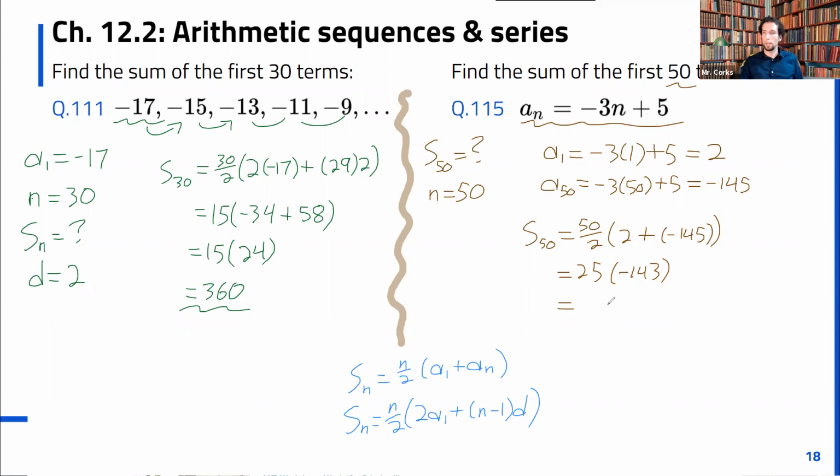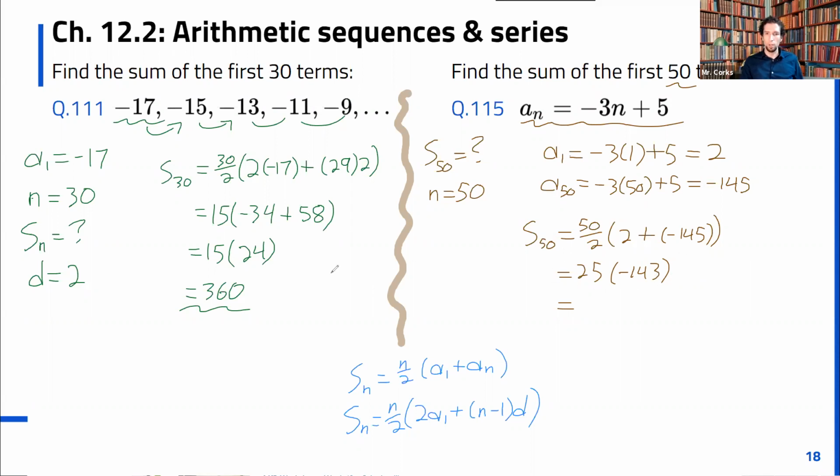Just my personality, I would want to split up the 143 into like 140 and 3 or something, but whatever way we want to do it would be fine. That wouldn't be too bad.